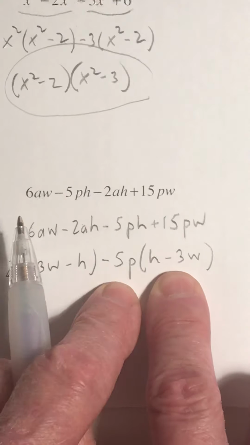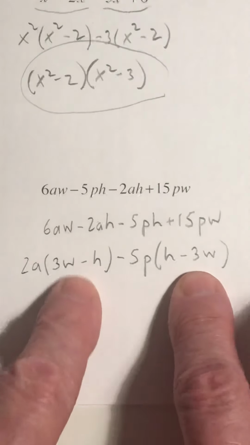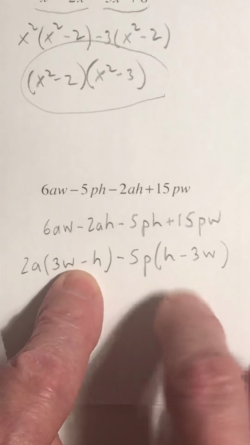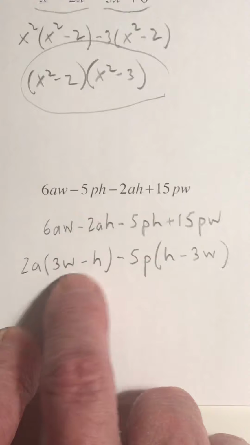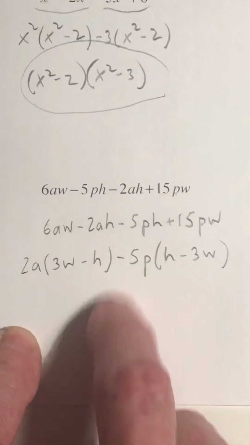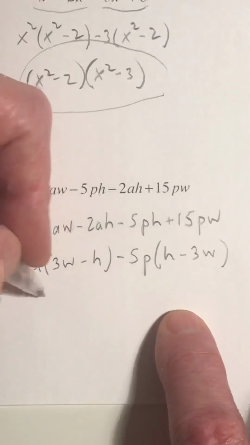There's plus 15PW. And we're not ready to pull this out yet because we have this reversal issue once again. And in case anybody's wondering, you could make this H minus 3W and make that negative 2A, but that's kind of awkward to work with. It's a lot easier to do it over here.